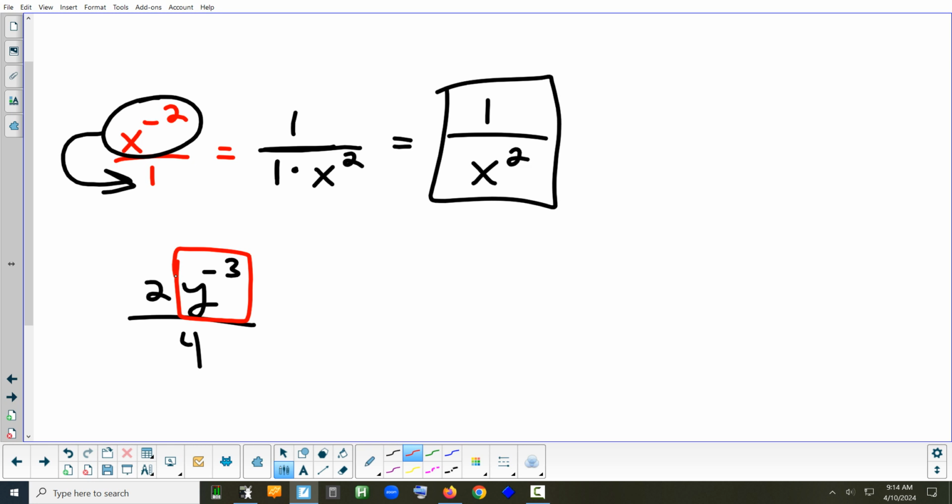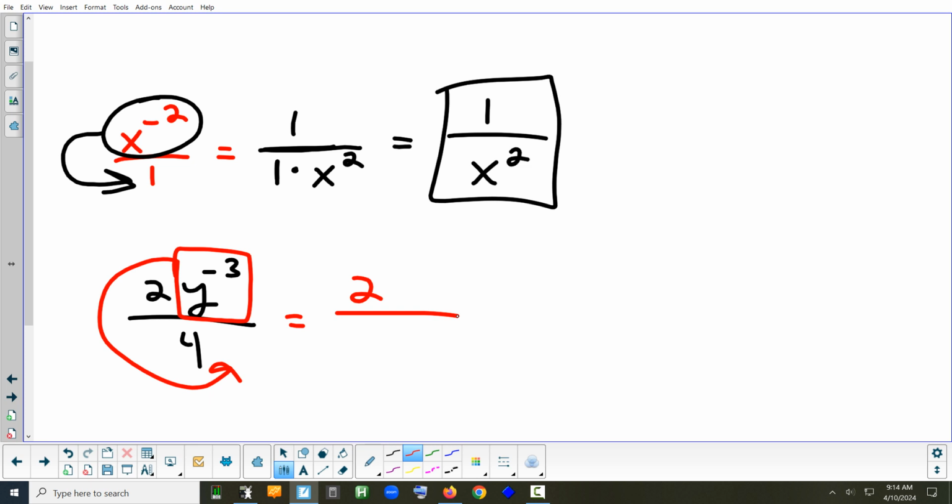Where is this y to the negative 3 going to go? To the bottom. When it moves to the bottom, what's still in the top? 2. Still have a 2. Okay. Anything else in the top? No. The 2 is the only thing left in the top. Okay.